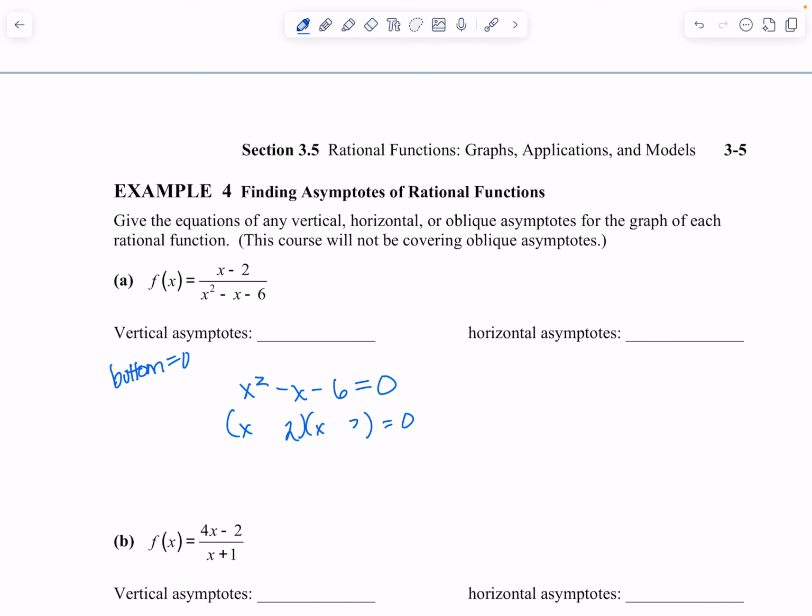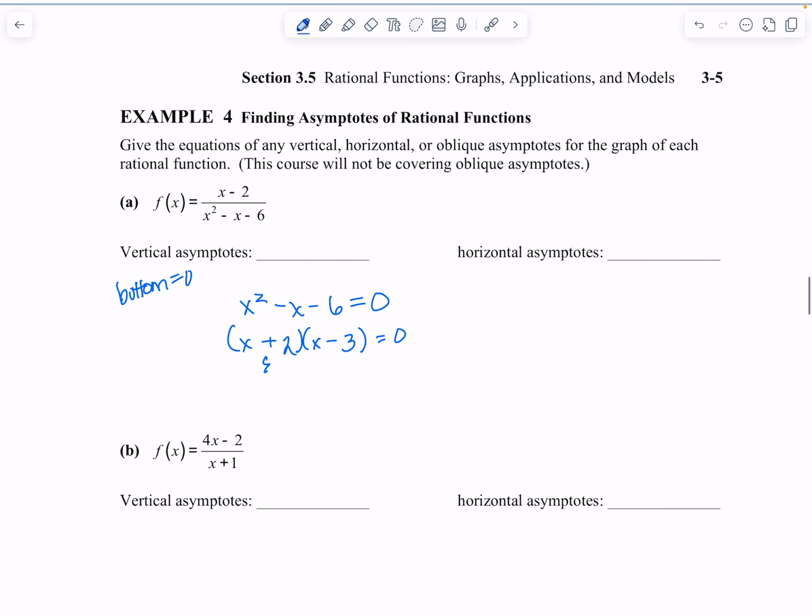So I have x equals negative 2, and x equals 3. So I have two vertical asymptotes. I'm going to write it this way to show you what can't be done. You cannot write it like that because that is 2 points. We need 2 lines, so you actually have to write it as 2 equations.